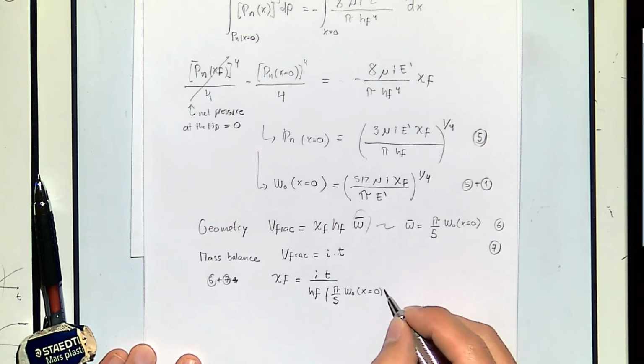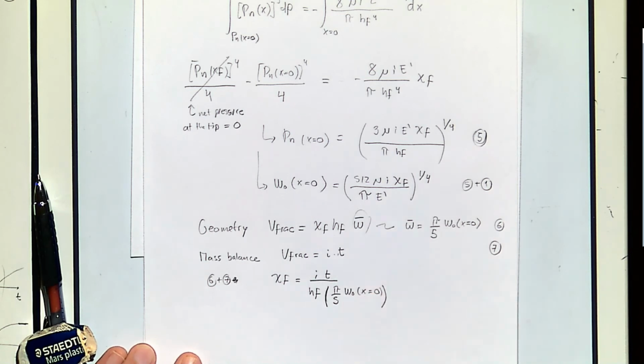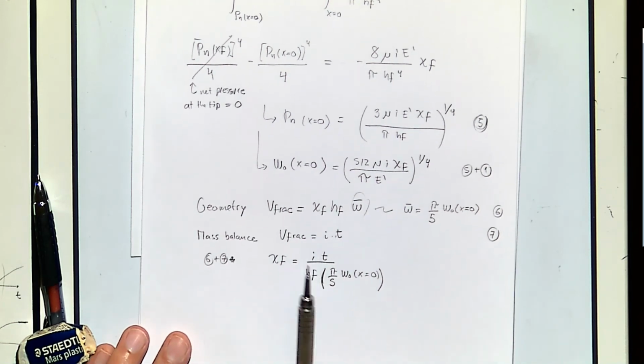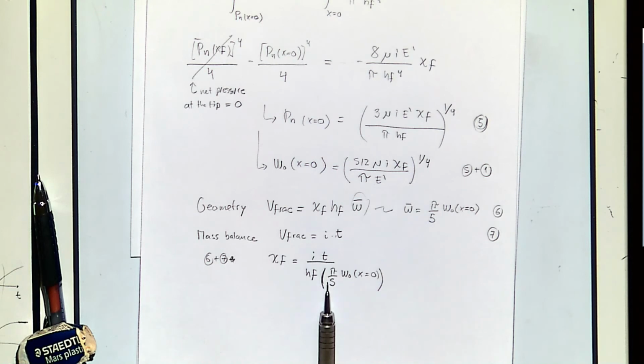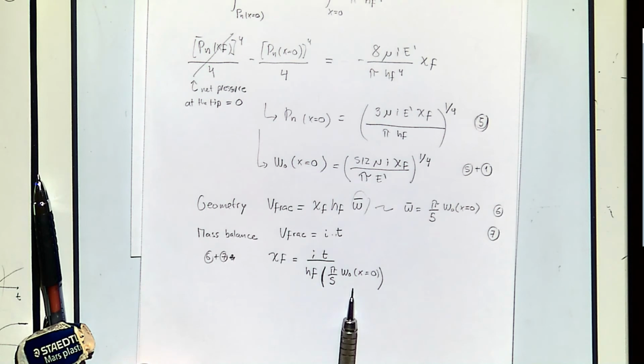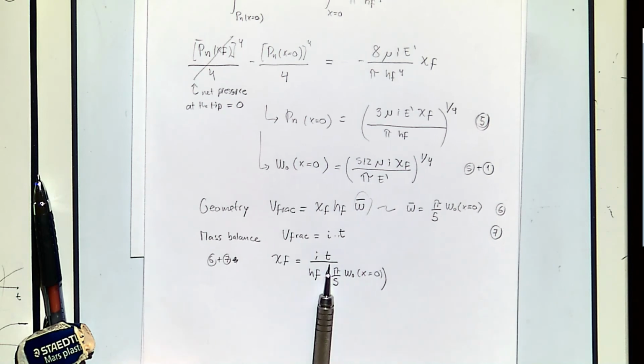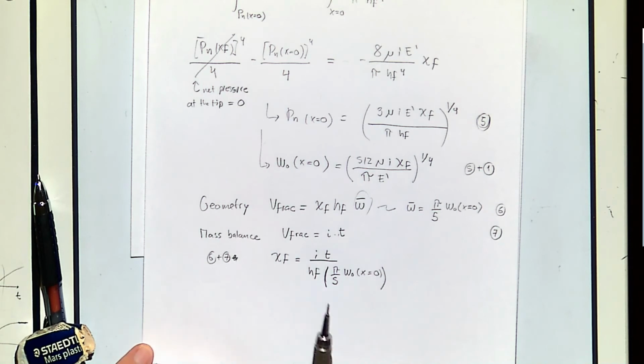All right, so now we have an equation for fracture length as a function of injection rate and as a function of time. And again, for this you have to assume that you have a constant injection rate.